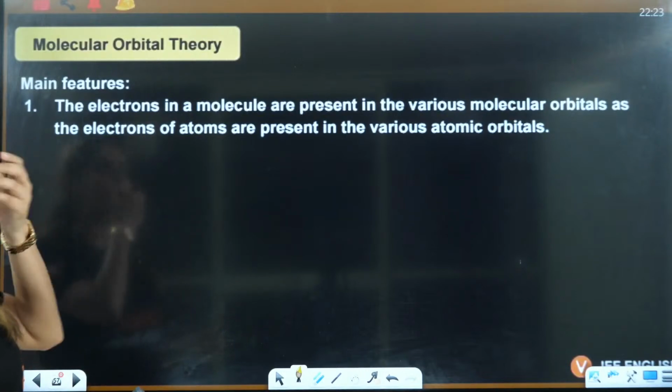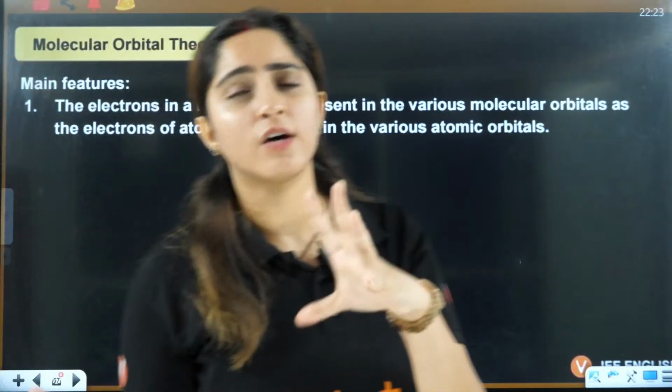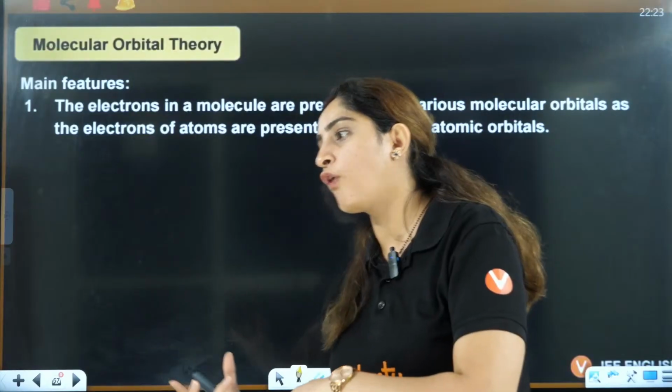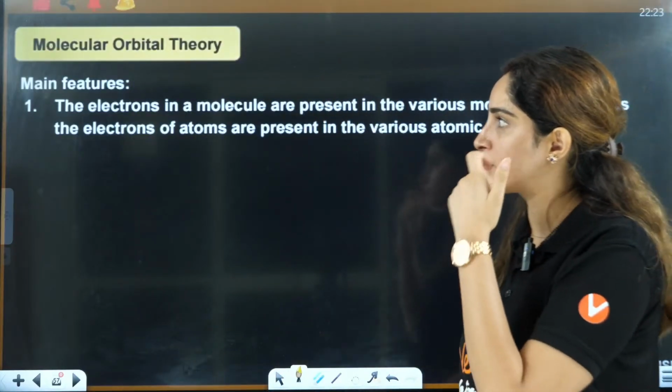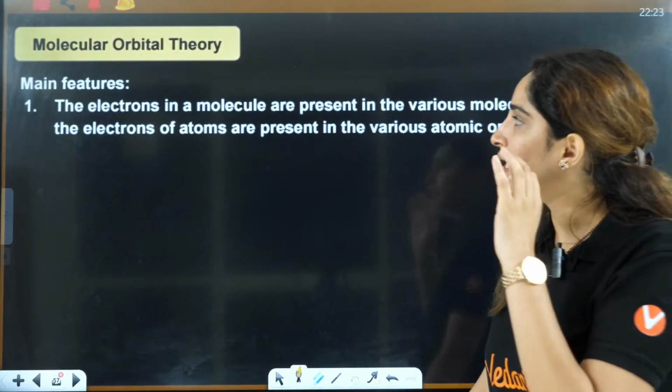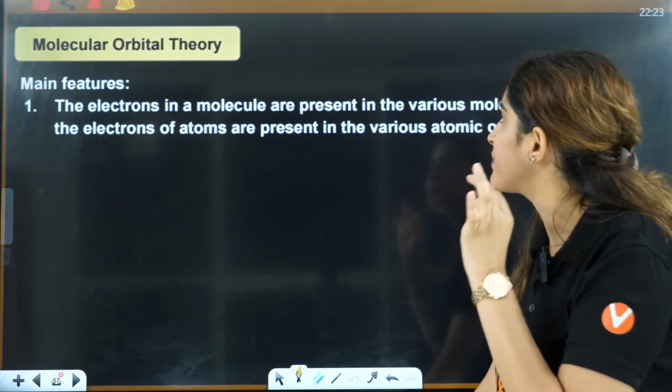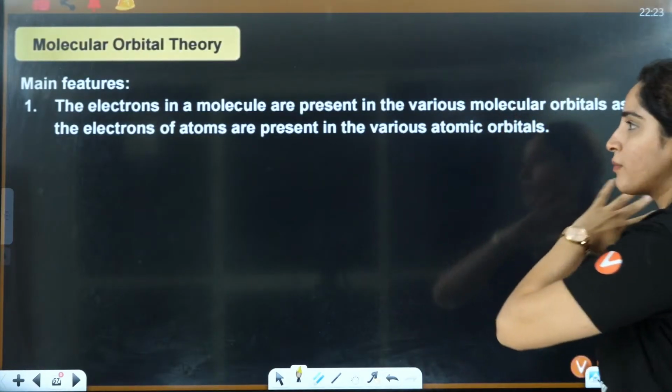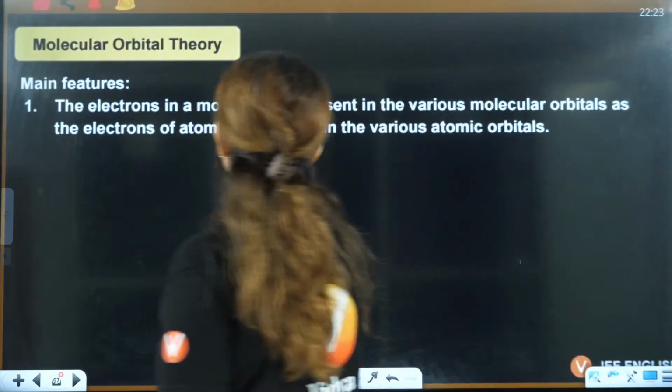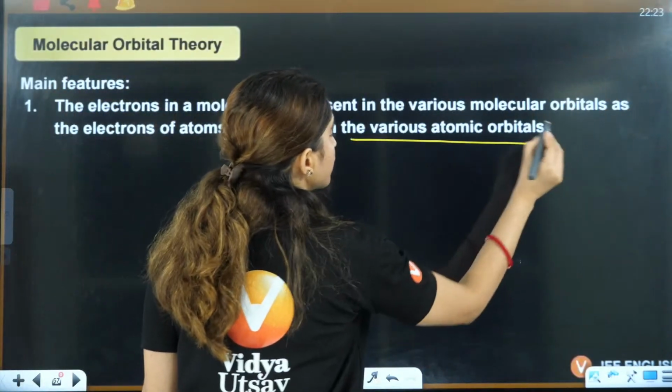So first, let's discuss the features. What are atomic orbitals, and how do they form molecular orbitals? The main feature is that electrons in molecules are present in various molecular orbitals, just as electrons of atoms are present in various atomic orbitals.